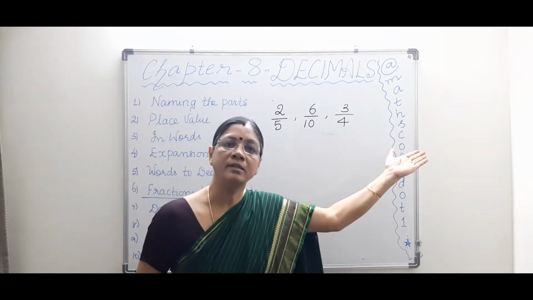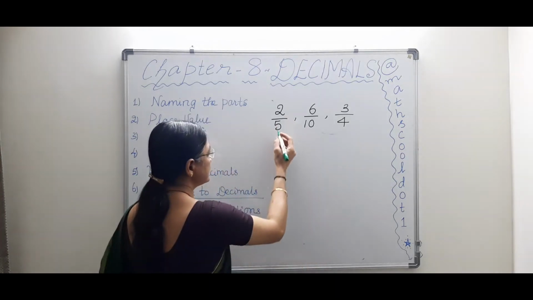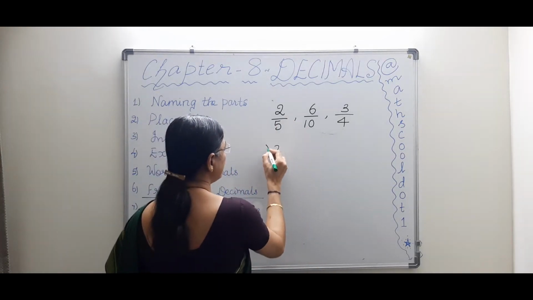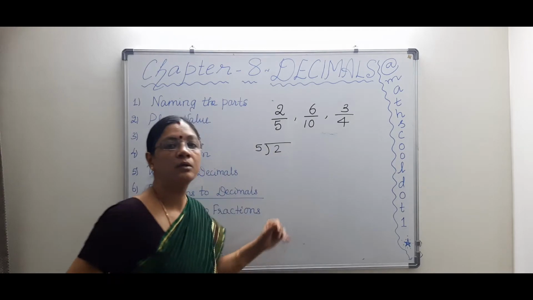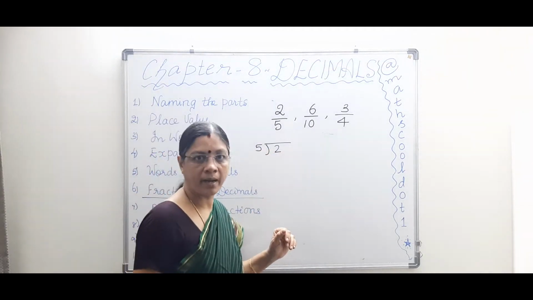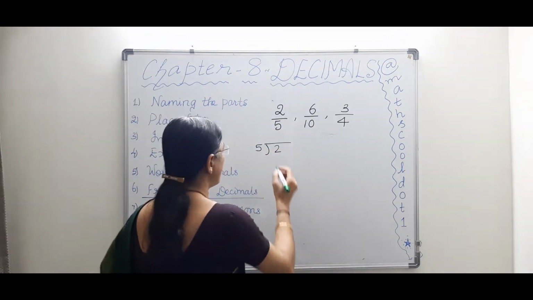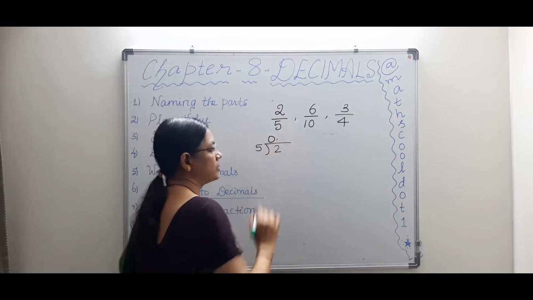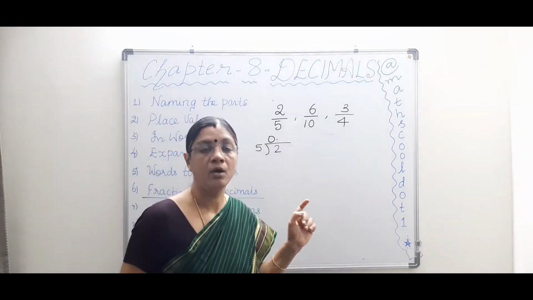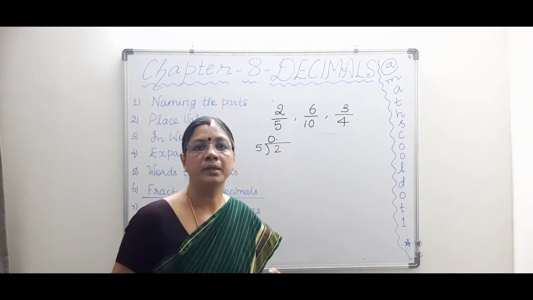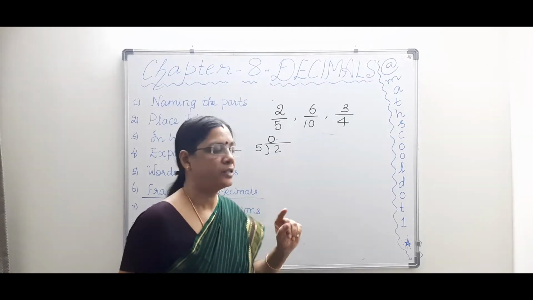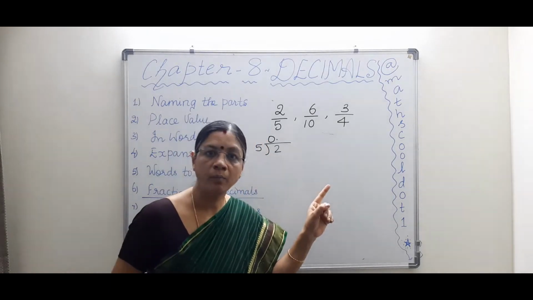So let's do these three numbers. First is 2 by 5. I do it by normal division. 2 is not divisible by 5, so I put a 0 and put a point next to it. Whenever the dividend is less than the divisor, I put a 0 and then a point.